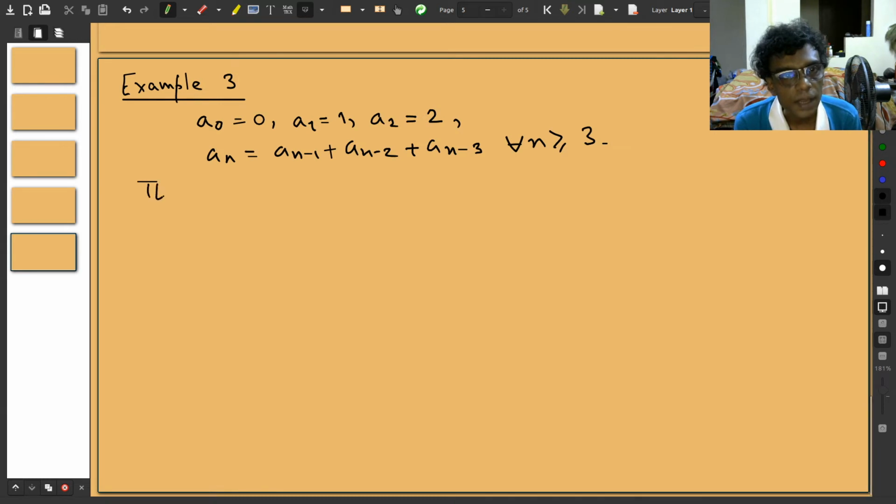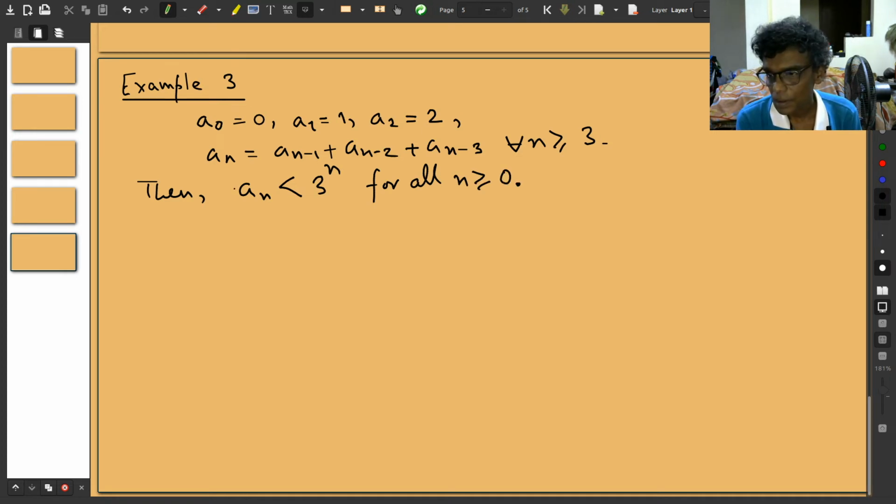Then I claim that A n is less than 3 power n for all n greater than or equal to 0. Obviously, this is a little bit synthetic exercise, but still, it's not a bad one.